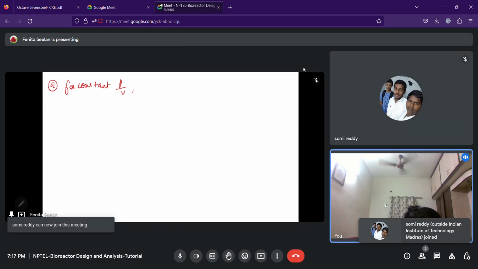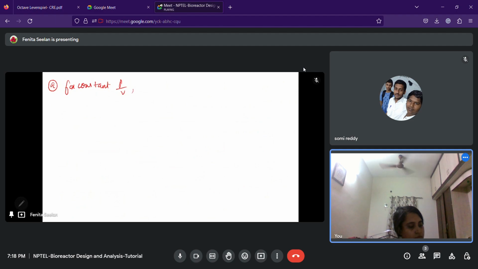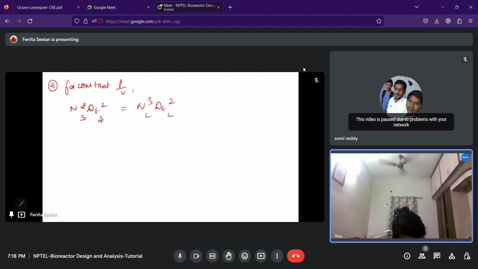In case of constant P by V, we have to keep N cube dt squared as constant. Here also you were asked about your larger bioreactor, right?